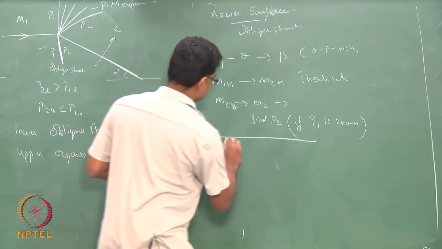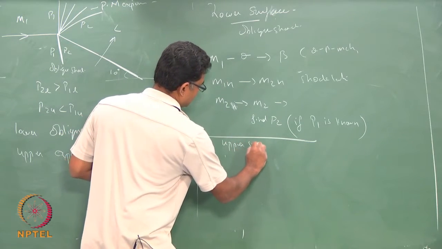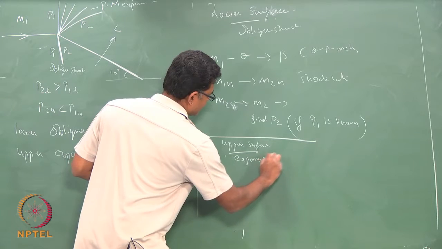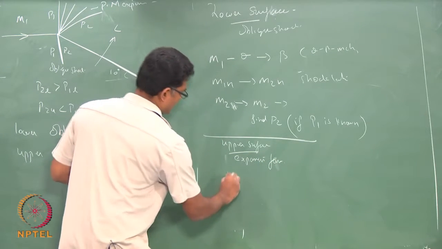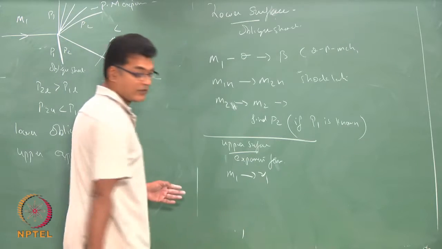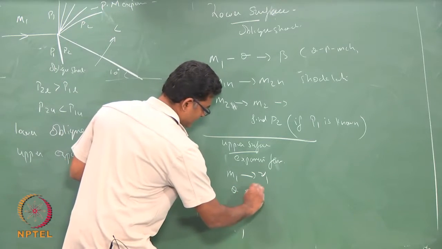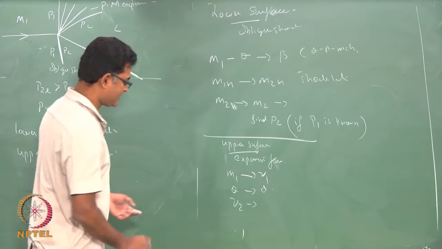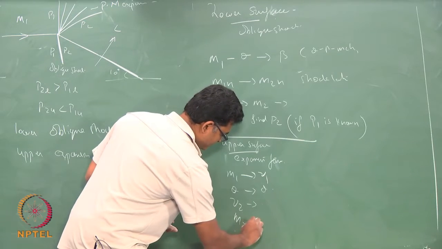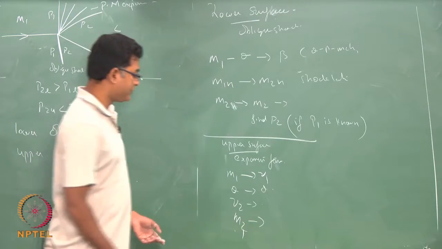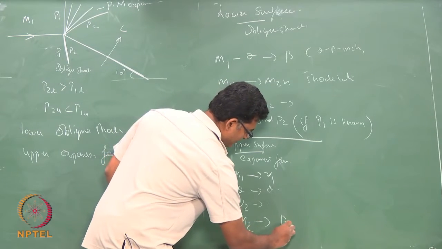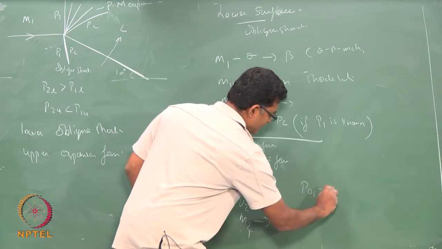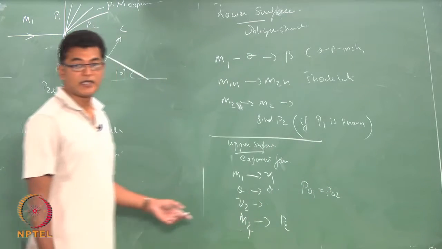Now, for the upper surface, there is an expansion fan. M1 is given, so you can find nu 1, theta is given, so you can find nu 2, which will give you M2, and from M2 you can find your pressure P2, because P01 is the same as P02 for the Prandtl-Meyer expansion.